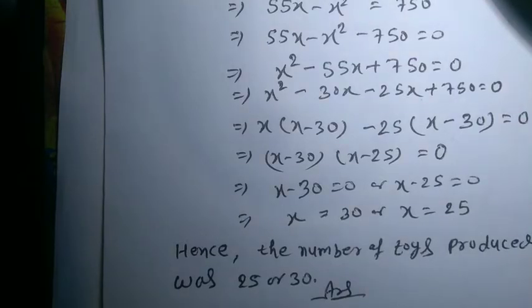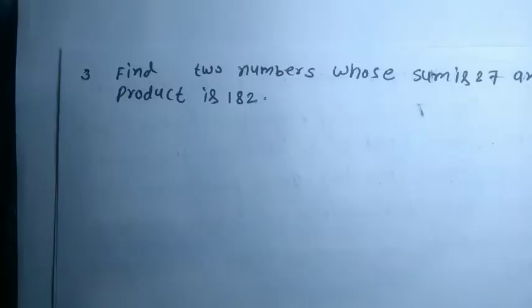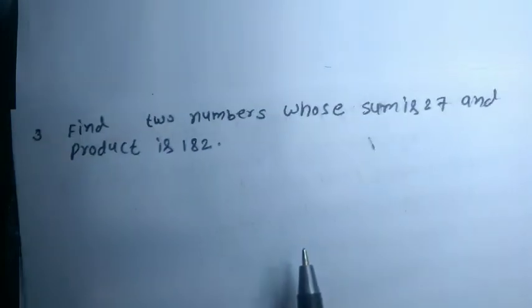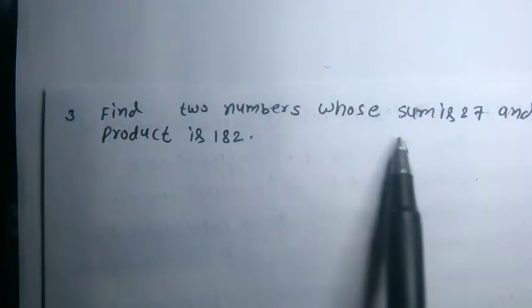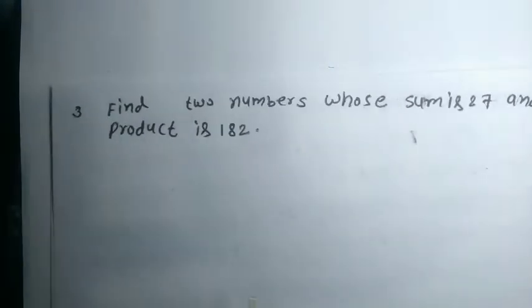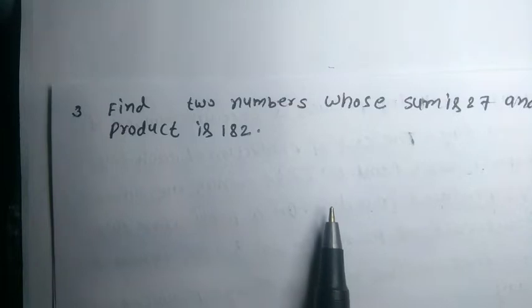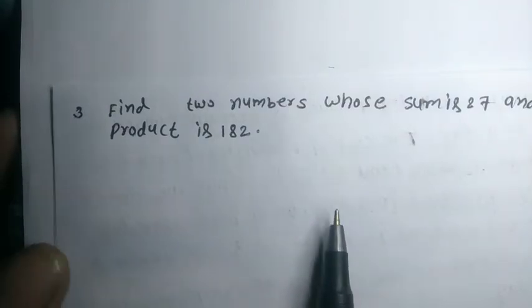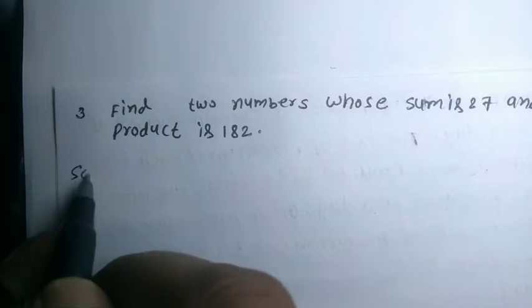Now the next question, question number 3. Find two numbers whose sum is 27 and product is 182. Solution.